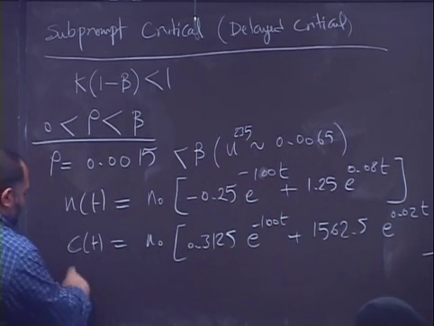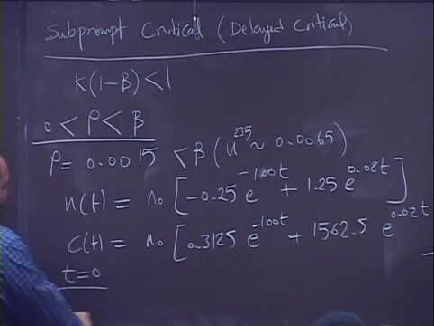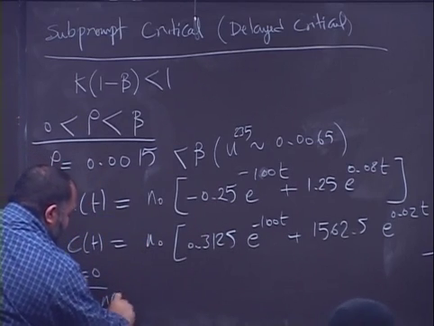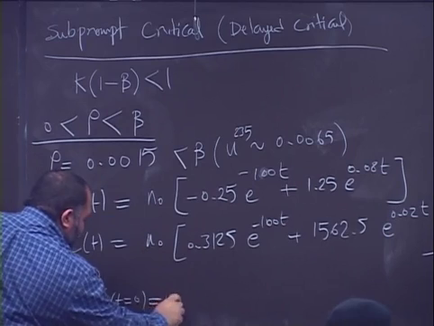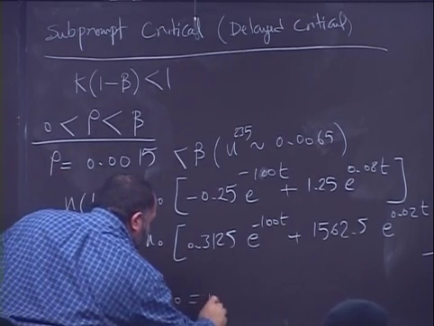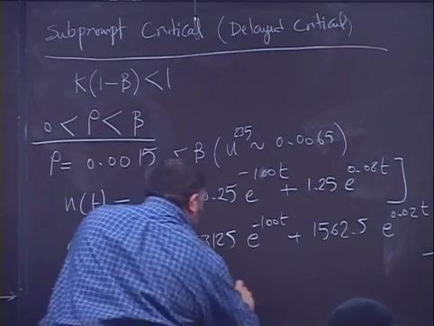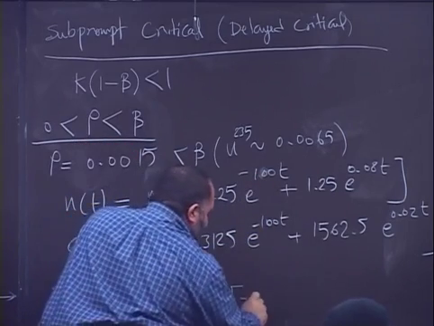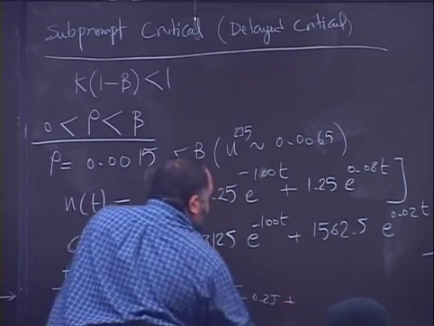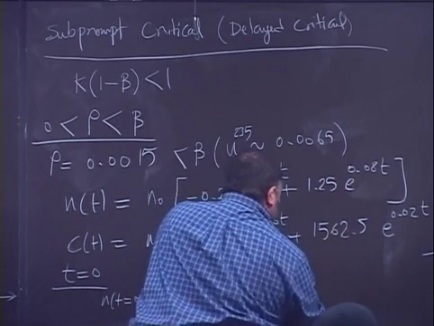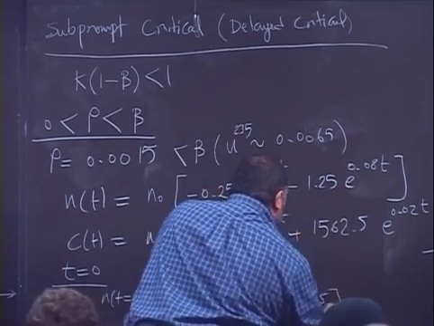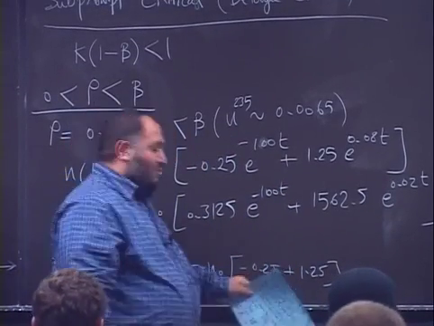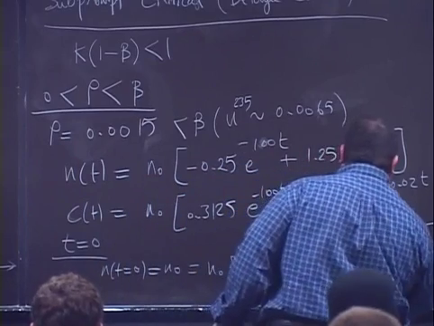So what happened at t equals 0? At t equals 0, N of t is just N naught. This will be N naught multiplied by minus 0.25 plus 1.25, since e to the power of 0 is 1. So 1.25 minus 0.25 is 1, so you will have N naught equal to N naught.